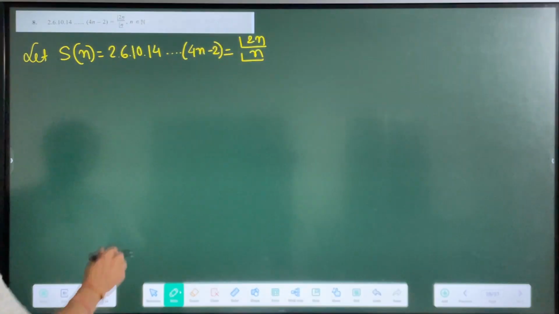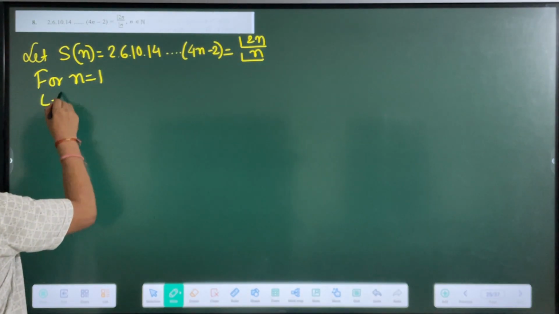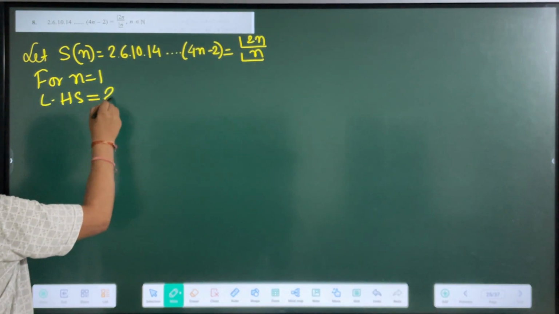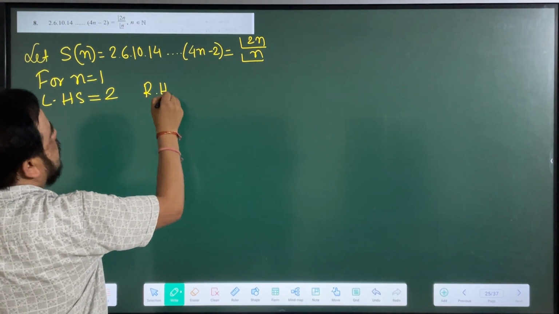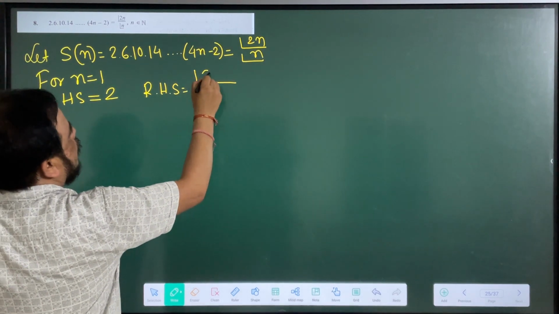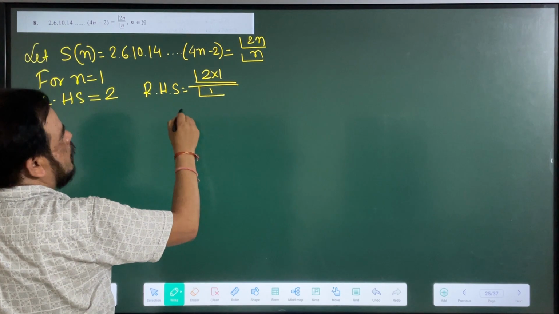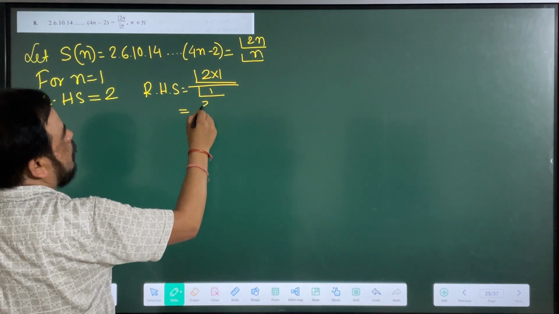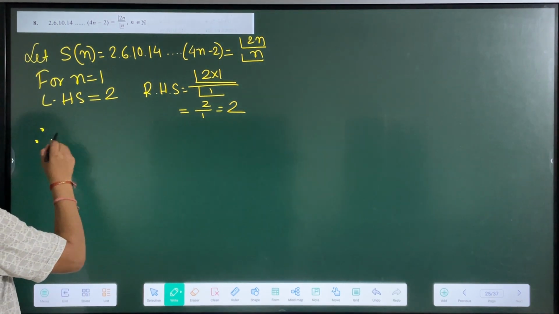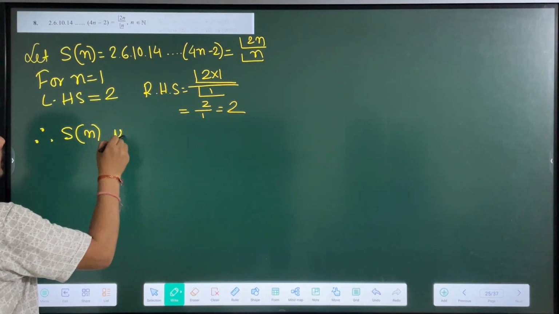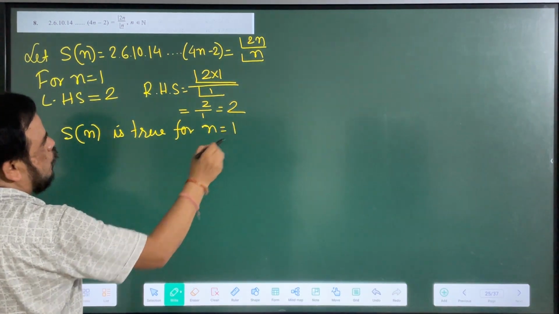So first, for n equals to 1, LHS is equal to 2, directly 2. Now RHS: factorial 2 into 1, n means 1, factorial 1, 2 into 1 is 2, 2 by 1 is 2. LHS 2, RHS 2, therefore Sn is true for n equals to 1.